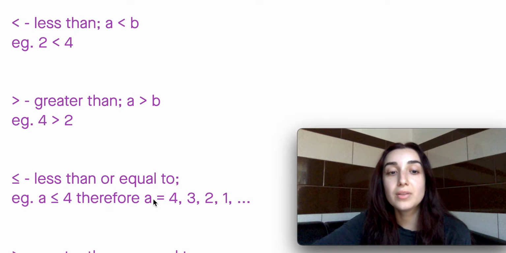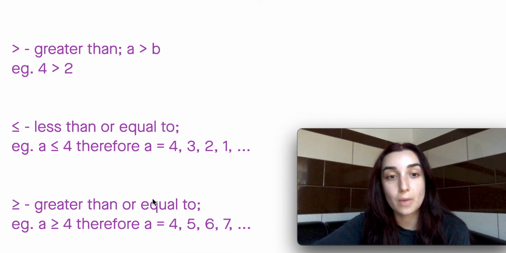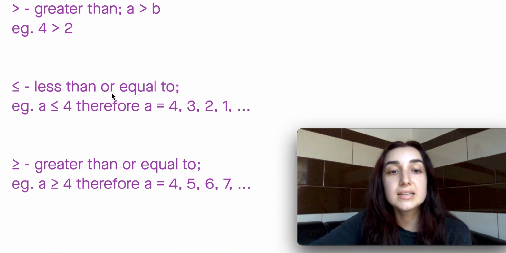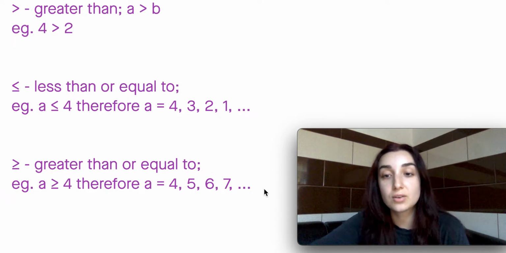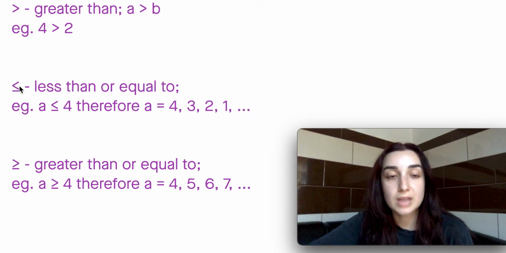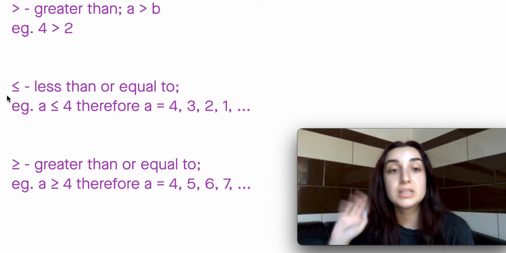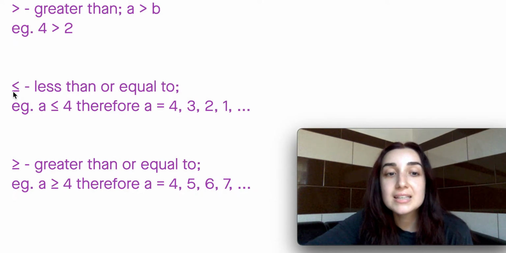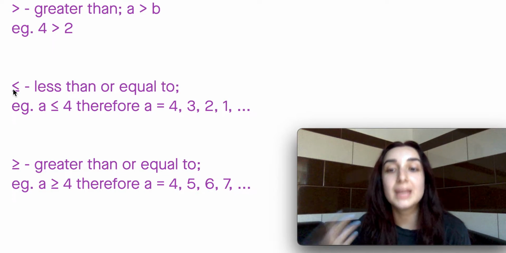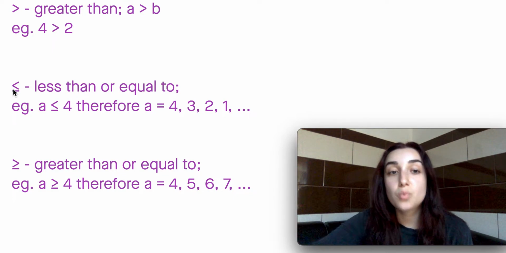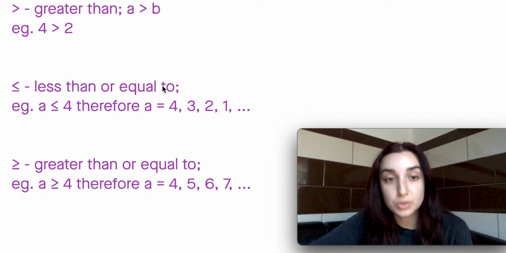Now, let's talk about the last two symbols that you have to know about. And those are the less than or equal to and greater than or equal to. As you can see, the less than or equal to sign is made of an arrow, again, pointing to the left, which has an additional line that comes from the equal sign. Hence why it's called less than or equal to.